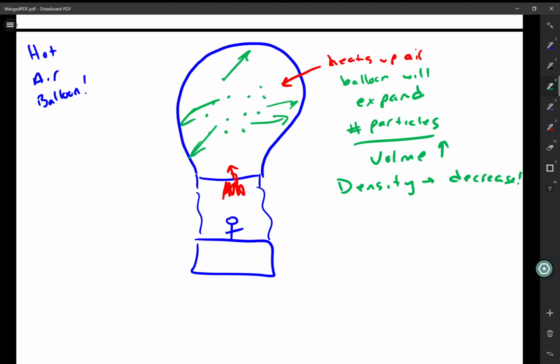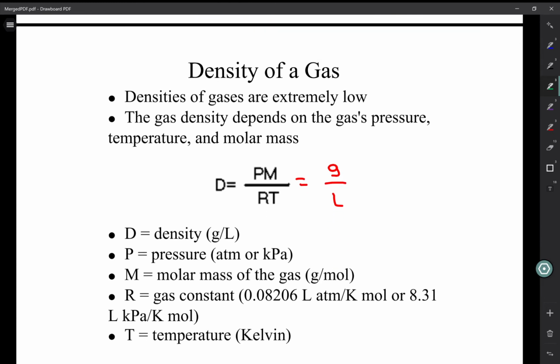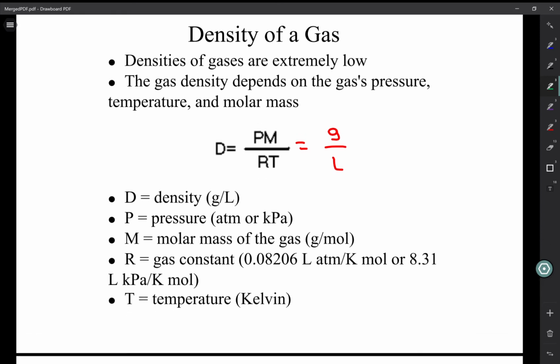Now, we have an equation for density of a gas, and it's derived from the ideal gas law, PV equals nRT. You can probably figure out, if you manipulate the equation, you can figure it out yourself. The density of a gas is equal to P, which is the pressure, times M, which is the molar mass, not just the mass, not just the moles, the molar mass, which remember you get by adding up the individual elements in the compound.